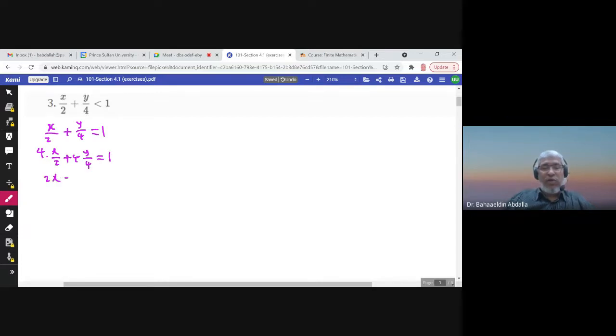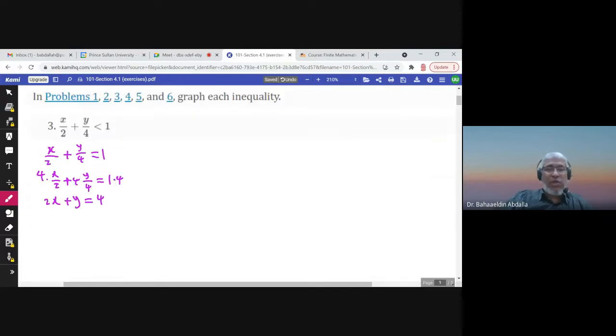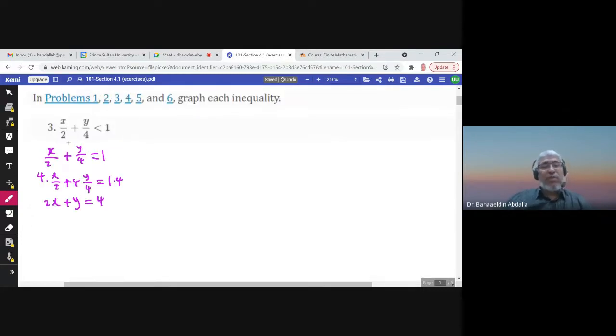So 2x plus y is 4. Okay, this is question 3. So 2x plus y equals 4.